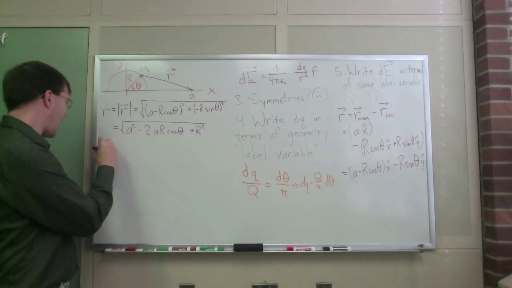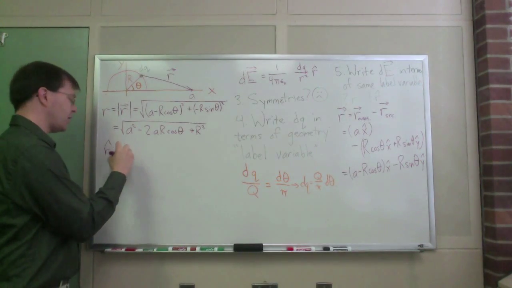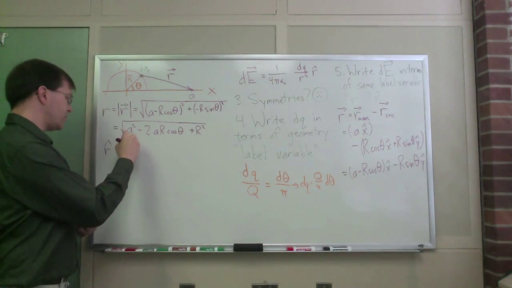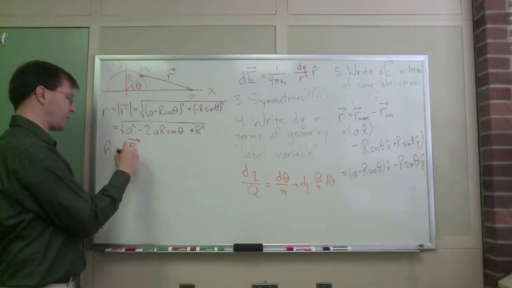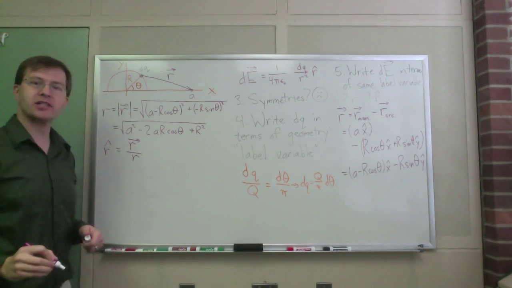Cool. As for r hat, by definition, the unit vector in the direction of vector r is just that vector divided by its own magnitude.